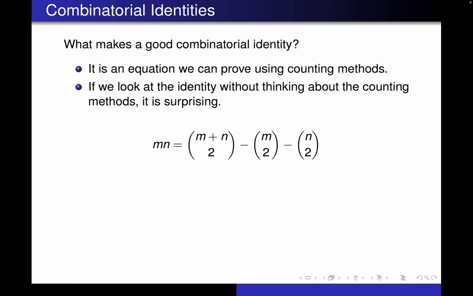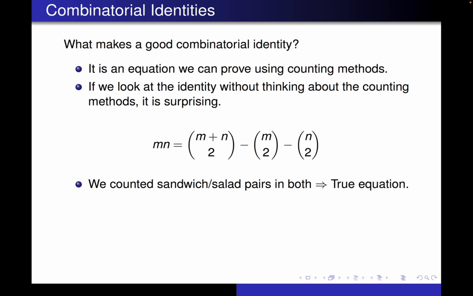You would think there is no way that equation is true. But we counted our sandwich salad pairs in both of them, so it has to be true. Right? So it's an equation that has to be true, but if you look at it without looking at the proof, you say, there's no way that can be true. That's the best kind of combinatorial identity.